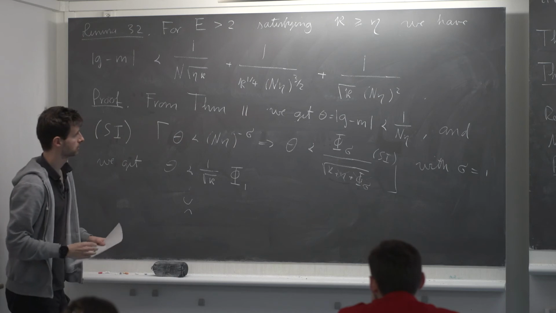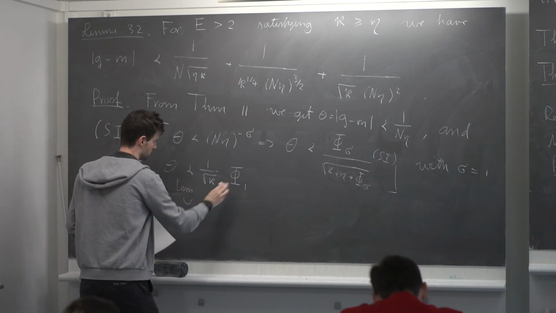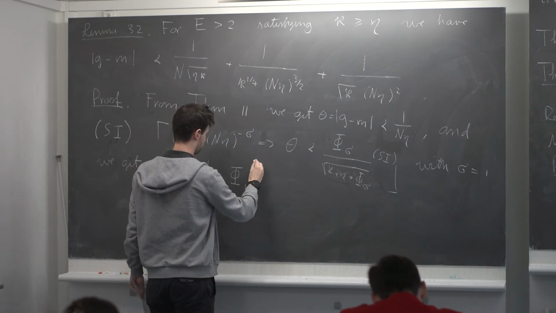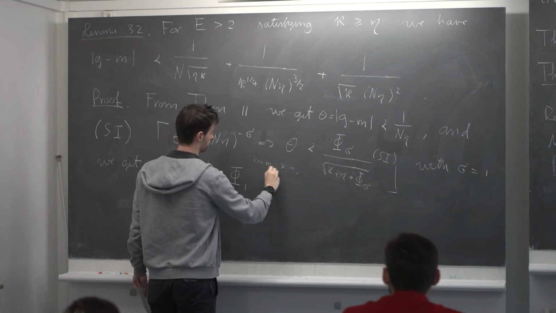If you recall the definition of phi, I will not remind you of it. Phi was this explicit thing that had imaginary parts of m and kappa and eta and so on.